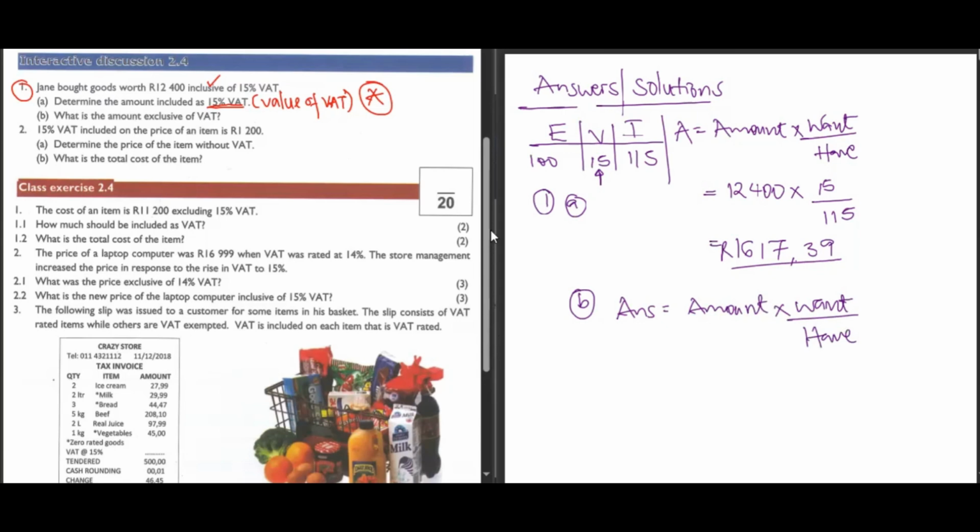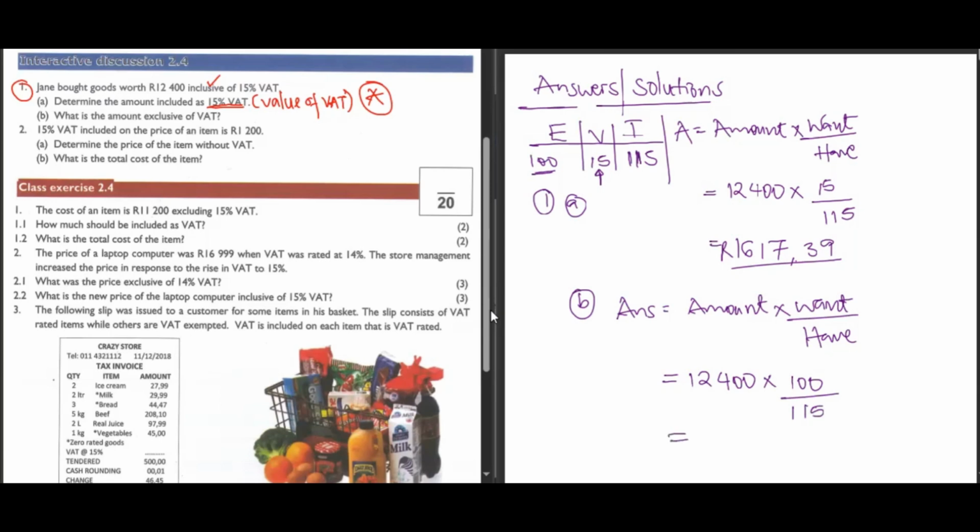So the amount is 12,400 times the amount that we are looking for, which is without VAT, so we are looking for 100, over the percentage that we already have, which includes VAT, so it's 115.